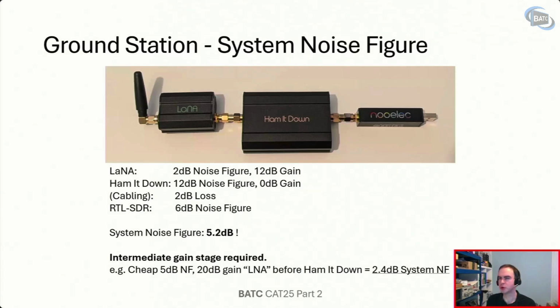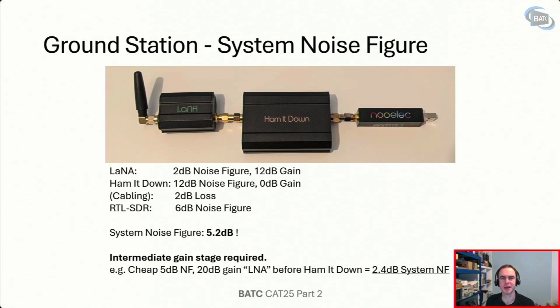I'll put this system noise figure slide in again for anybody who didn't join us earlier. In optimizing the system noise figure, you end up needing quite a bit of gain to get over the losses that are potentially in your chain, particularly with a passive down converter like this HAMTV system here, which has 12 dB conversion loss with no active gain.